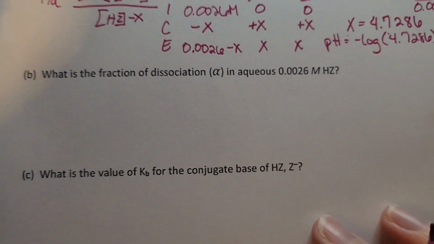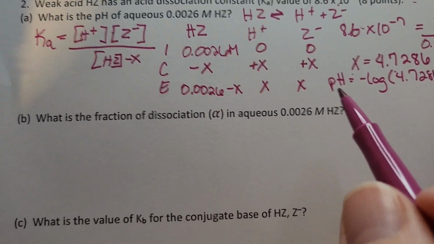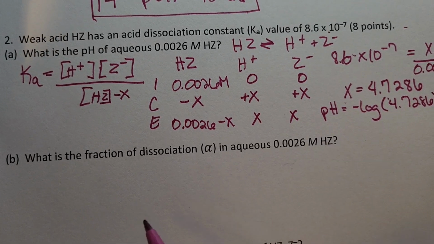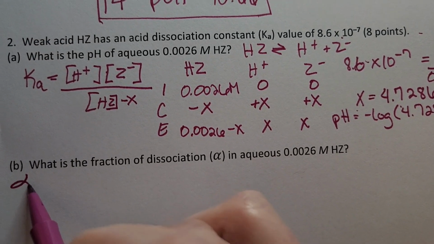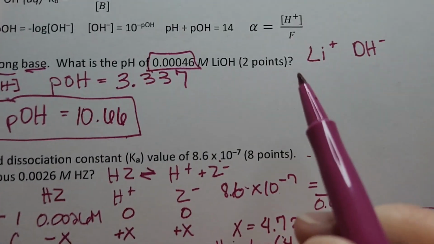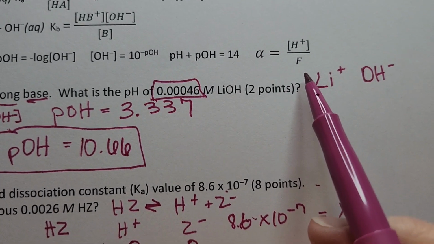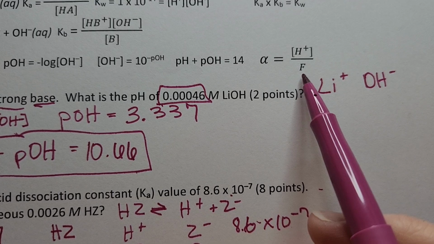Now, the fraction of dissociation for this same reaction, okay, is part B. What is the fraction of dissociation? So our alpha formula is going to equal the concentration of our hydrogen ion over the formal concentration.